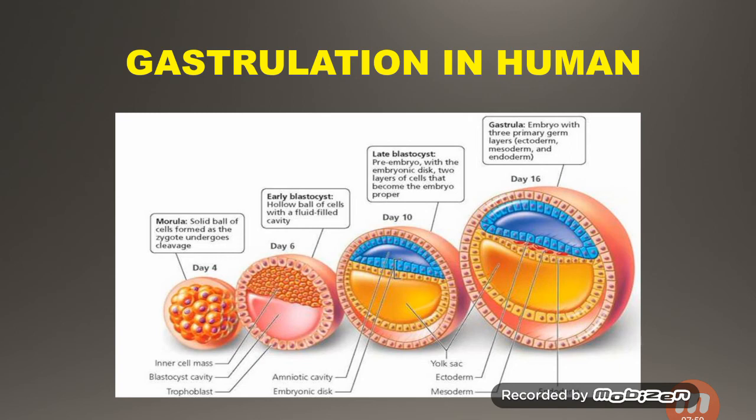It contains the amniotic cavity filled with the amniotic fluid, the embryonic disc, the yolk sac, and different layers. The gastrula is the stage where the embryo with three primary germ layers, ecto, endo, and mesoderm, has formed.